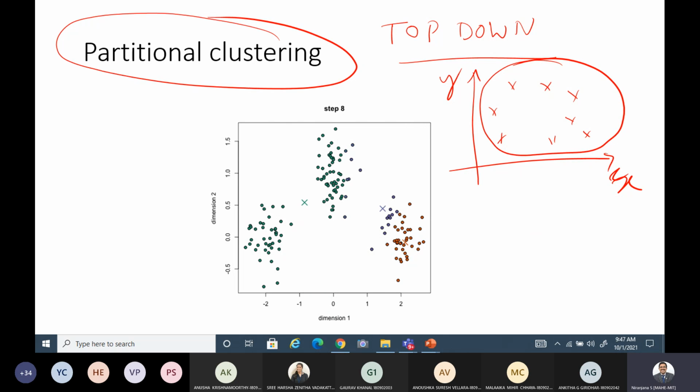You consider there is a space, and you are going to divide the space in an iterative approach or some kind of step with which you partition it. Maybe it is 2 or 3 in number. In advance you can decide and try to divide it. That's why it is called the partition clustering approach. If you want k groups, you can divide it into k partitions. The whole space you are dividing into different clusters.